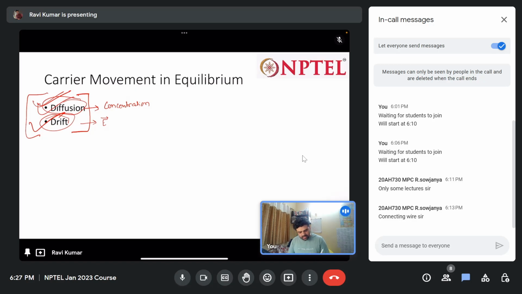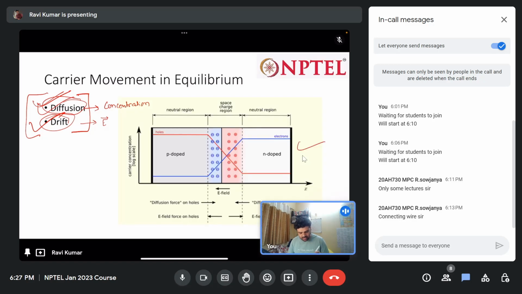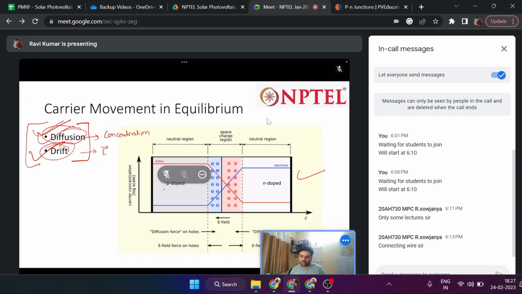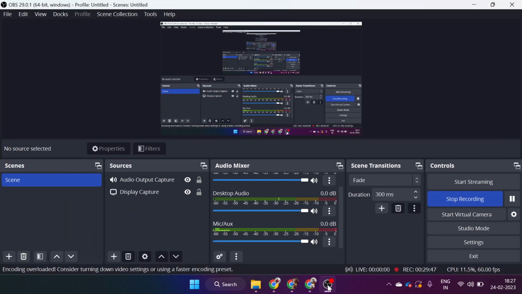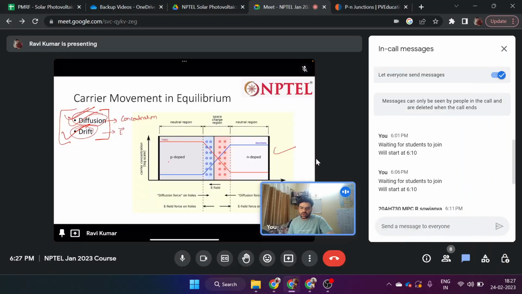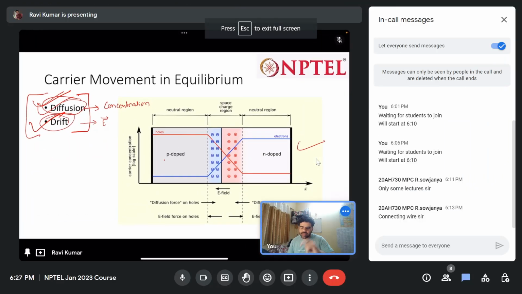Here we can see this is a picture of a PN junction, and in the P type, what kind of carrier concentration is more, hole or electron? Holes.